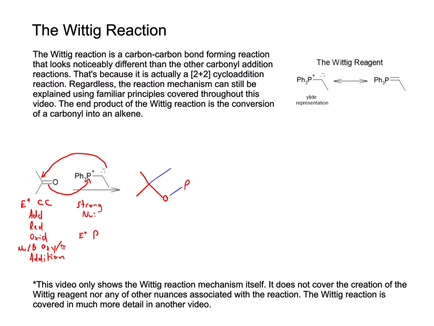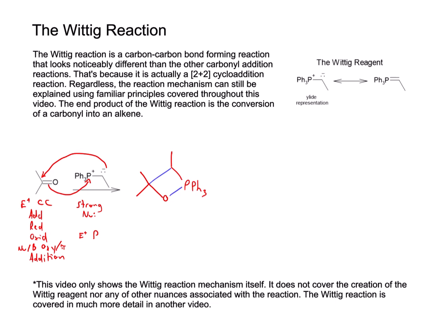However, the carbon that had the lone pair and negative charge on it, we never broke the bond between it and phosphorus, so we still have this carbon-phosphorus bond. In addition, that carbon is still bonded to a methyl group, and the phosphorus is still bonded to 3 of those PH3 groups. So what you can see here is that we formed a cyclic 4-membered intermediate.